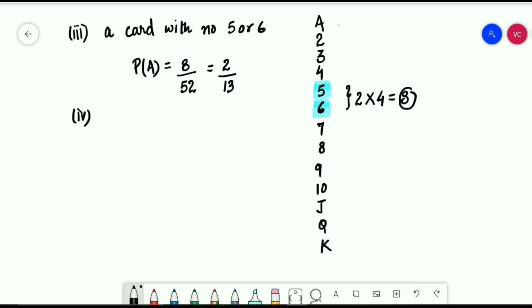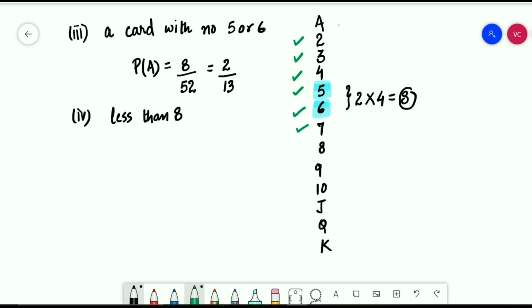Now another part is a card with number less than 8. Okay, now we are looking for a card which has number less than 8. Less than 8 means that you have to include 7, 6, 5, 4, 3 and 2. So these are all number cards who are less than 8.